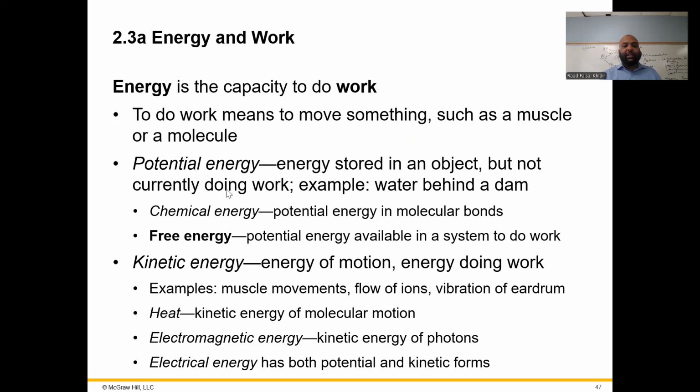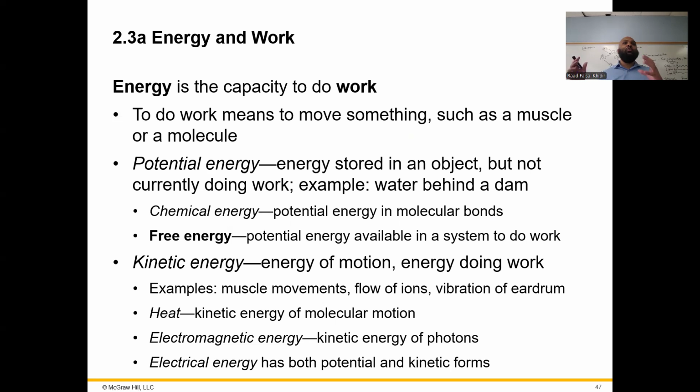The potential energy is the energy stored in an object but not currently doing work. An example would be the water behind a dam. There is also chemical energy, the energy in a molecule like ATP. And there's also free energy, the potential energy available in a system to do work. Then there's kinetic energy, the energy we use to power osmosis.